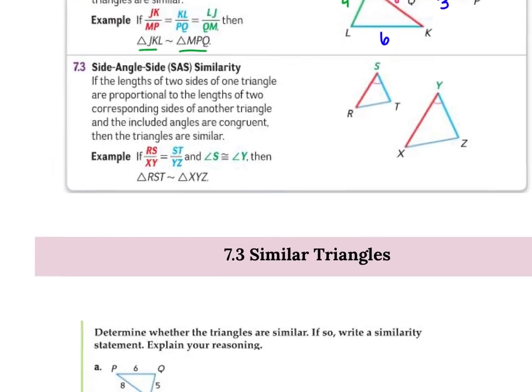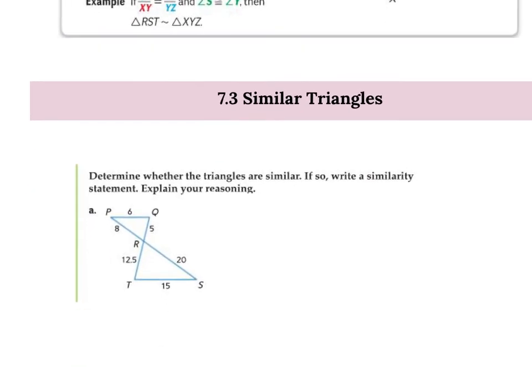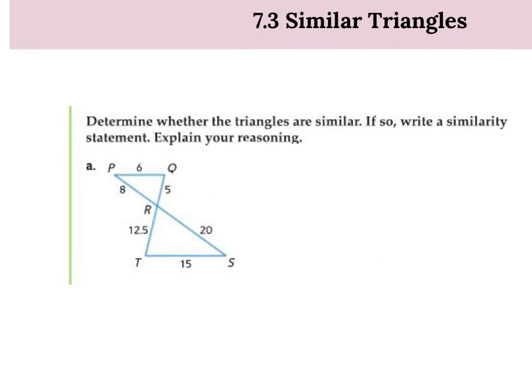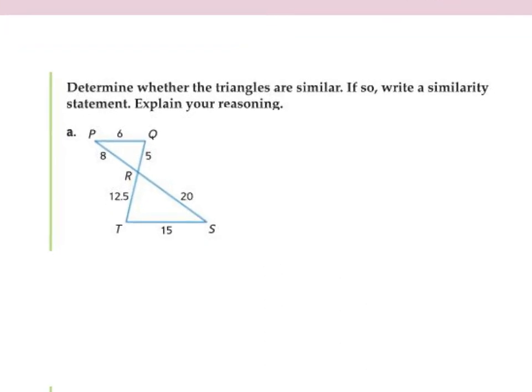So let's look at an example of side-side-side similarity. Okay, in our first example, we have again these two kind of mirrored triangles. We can tell by the angle or the side measurements that this one's a little bit smaller than this one, but we need to double check everything. So we're going to start off by looking at our sides that are kind of cut.